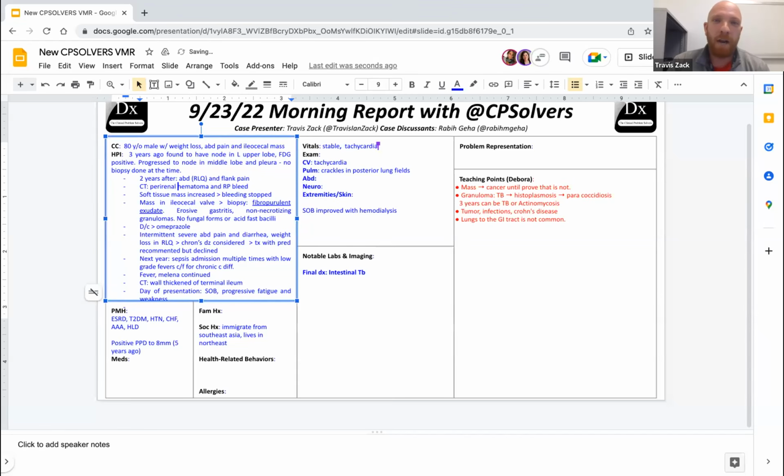Just talking more generally, I'm assuming most of the people on this are internal medicine focused. But for the medical students here, one thing I noticed going through the New England Journal CPC is that it has biases in what it covers and what it does not cover well. From the internal medicine side, it covers rare diseases and rare presentations of common diseases, which is fine. That's its goal.